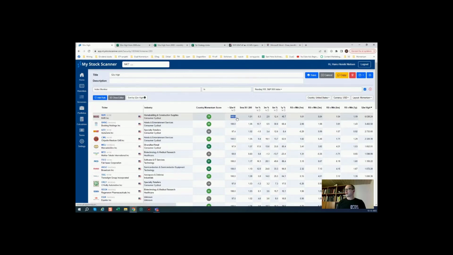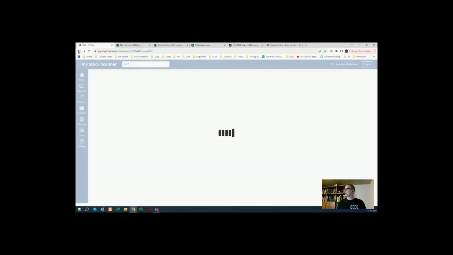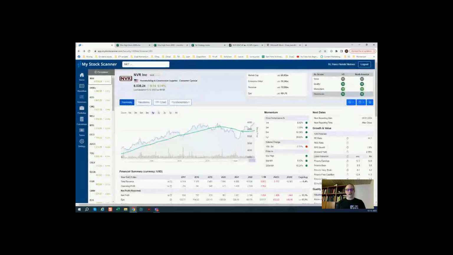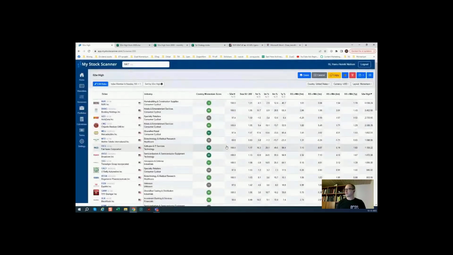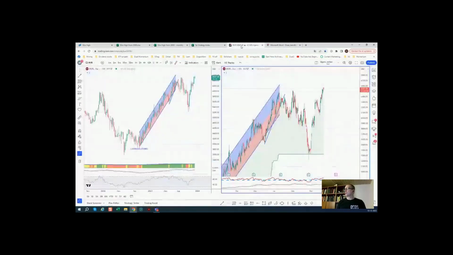You find the stocks that are at 100 here, meaning that they are at their absolute top in the last 52 weeks, and then you buy it. And then you put your stop loss on, and you check on it maybe a couple of times a week or once per day or whatever you want.